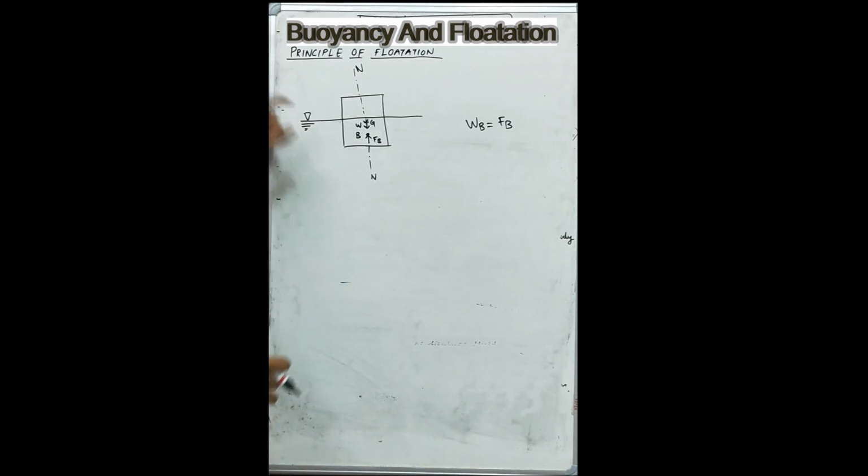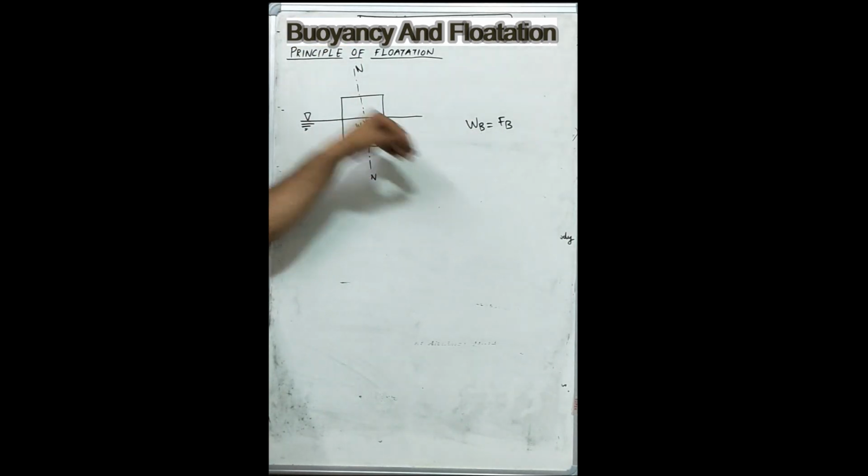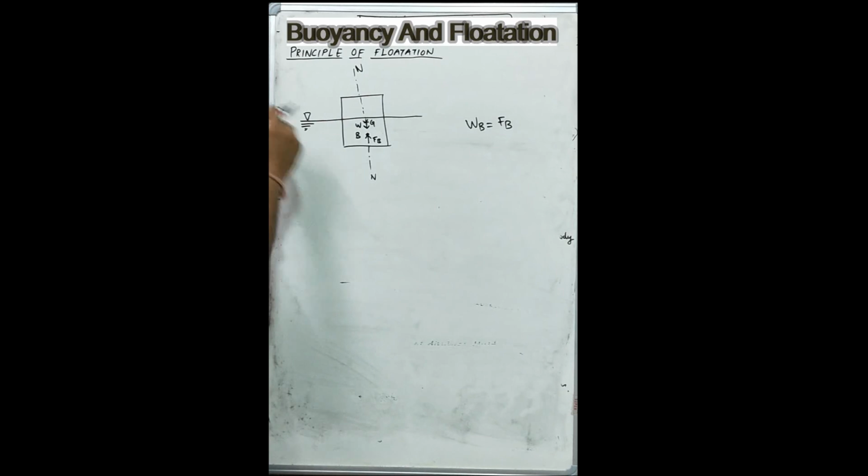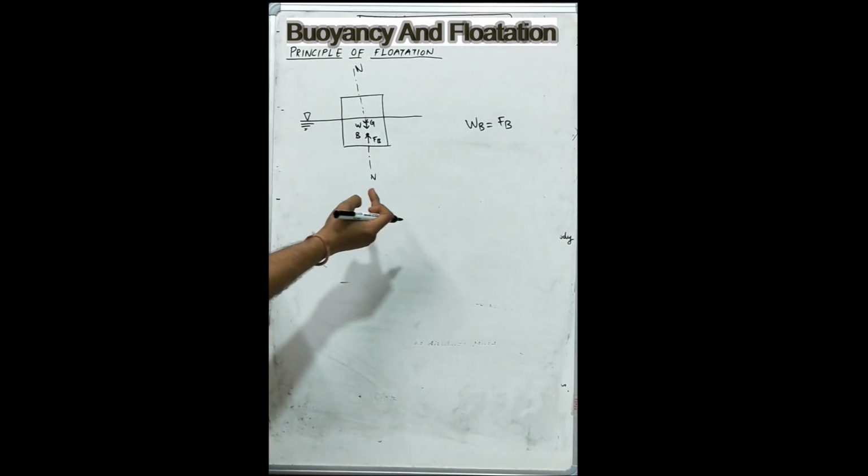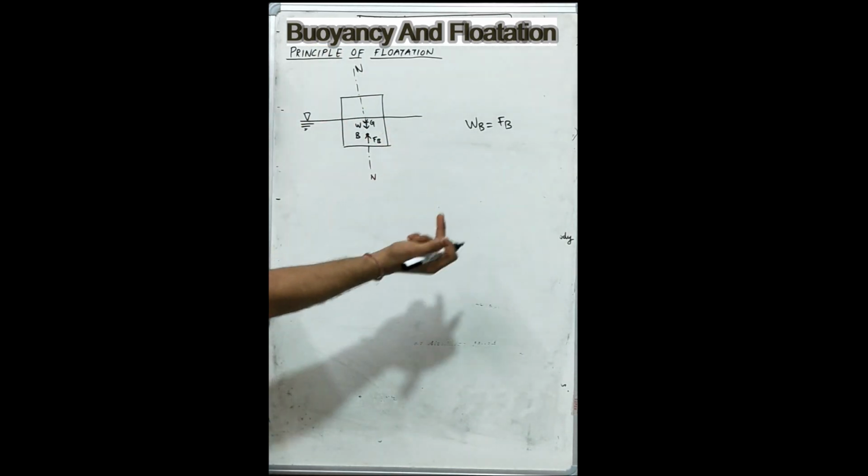For equilibrium condition, this buoyancy force must be equal to the weight of the body. The weight of the body is acting in the downward direction and the buoyancy force is acting in the upward direction. For equilibrium, these two forces must be equal and the line of action of these two forces must be the same.